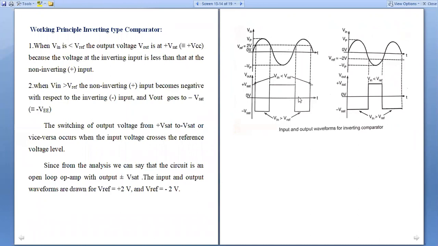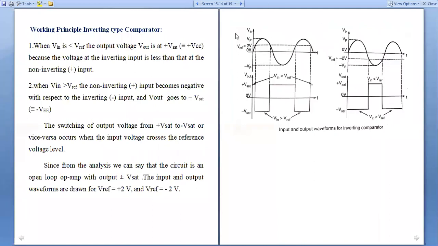That means here we are switching the output voltage from positive saturation voltage to negative saturation voltage, or vice versa. Here it is positive saturation when the input voltage is less than the reference voltage, and again the vice versa condition, minus Vsat, where the input voltage is greater than the reference voltage.